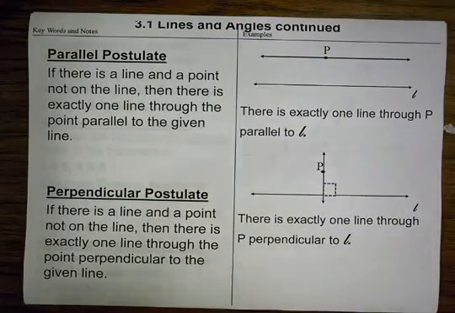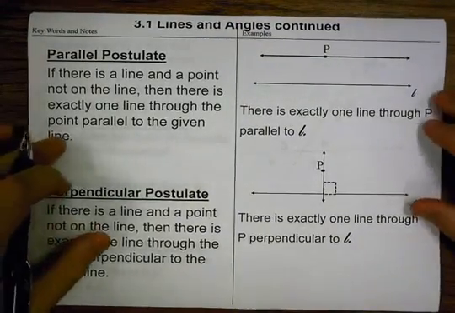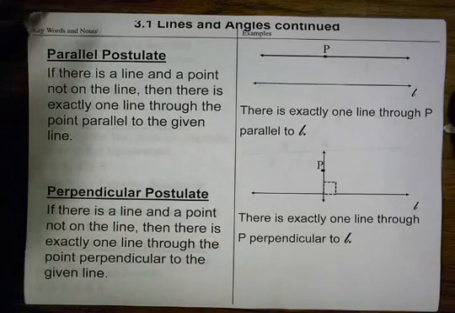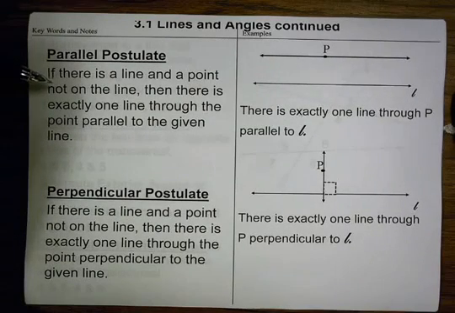Now let's carry on with parallel, and then we'll add perpendicular. Now we have an actual postulate we can use for this. The parallel postulate says if there is a line and a point not on the line, then there is exactly one line through the point parallel to the given line. This is a big postulate for what we need in geometry.